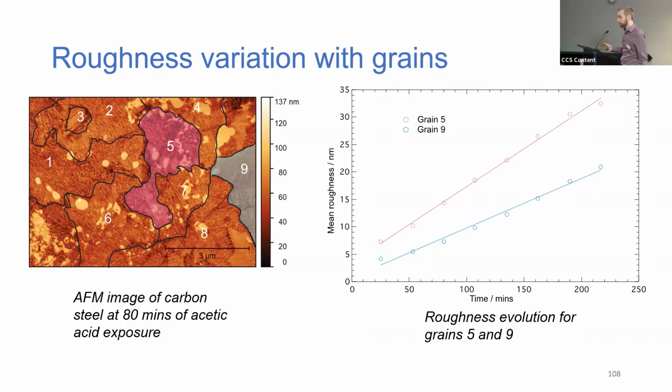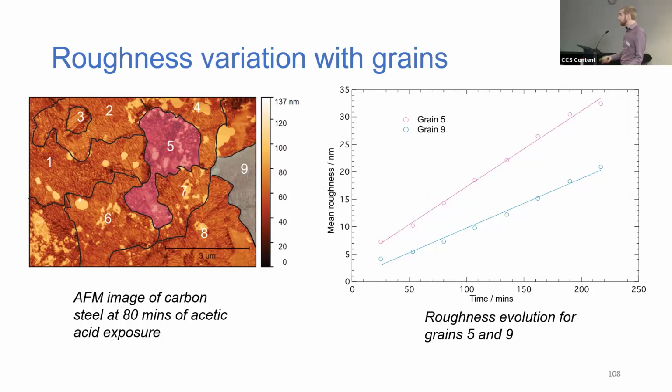Additionally, I don't know if you're going to be able to see this or not, the features seem to be going in different directions. So if we look at grain 8 and compare that to grain 2, grain 8 looks like it's roughening to the right, whereas grain 2 looks like it's roughening up and slightly to the left. I don't know if you guys can see that, but that is how we see it.